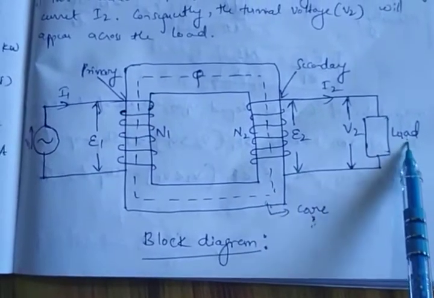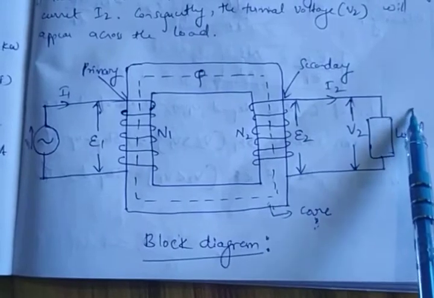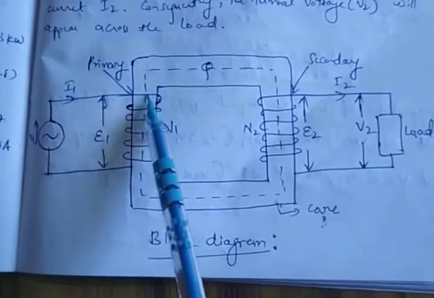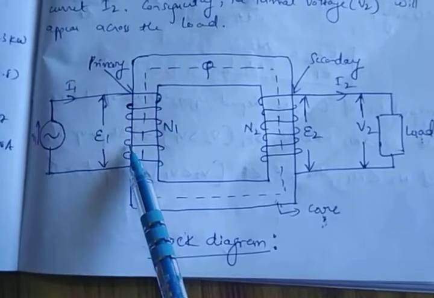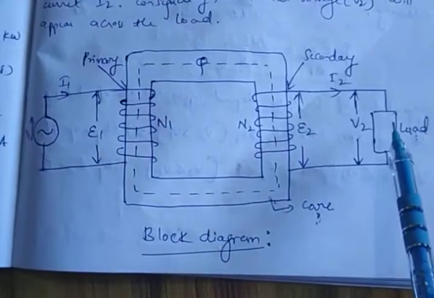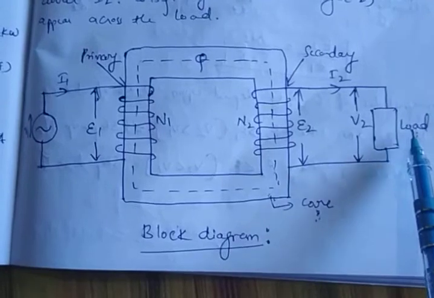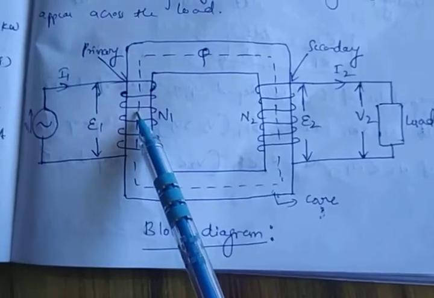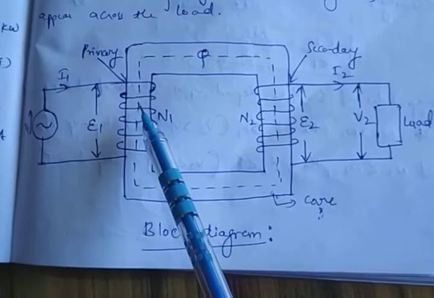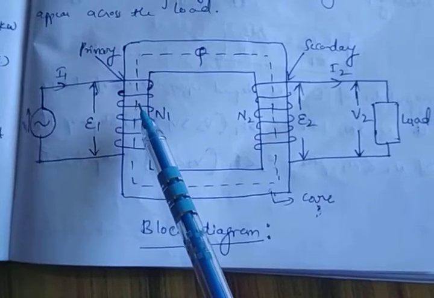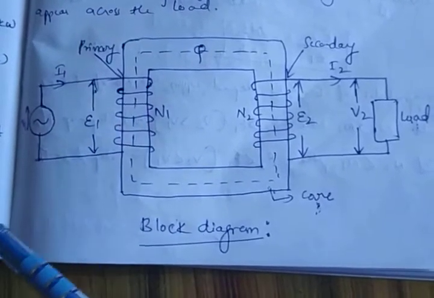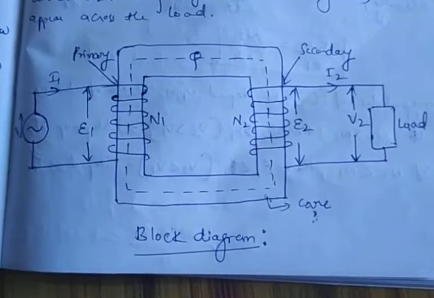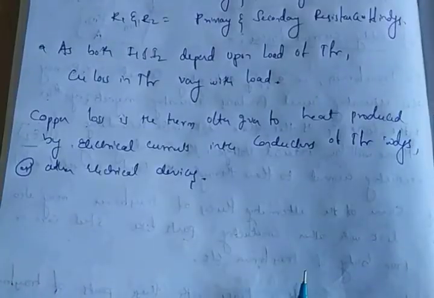As the load changes across the secondary side, the current flowing through the windings also changes, and the losses which occur in the form of heat also change. So we call them variable losses or copper losses.